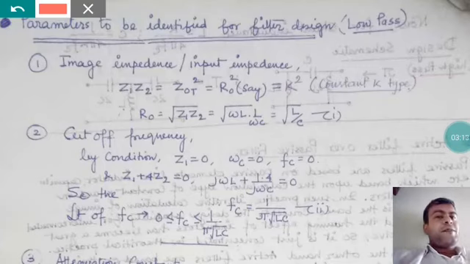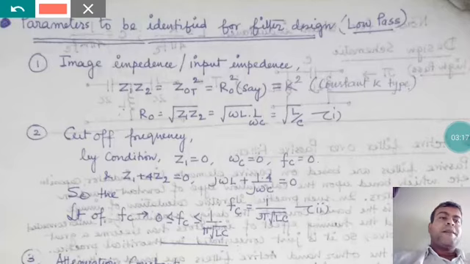It should have a stop band and a pass band, and the transition between them is called the cutoff frequency. Graphically you can draw it as a straight line, but practically there is no direct fall, rather it is a transition.